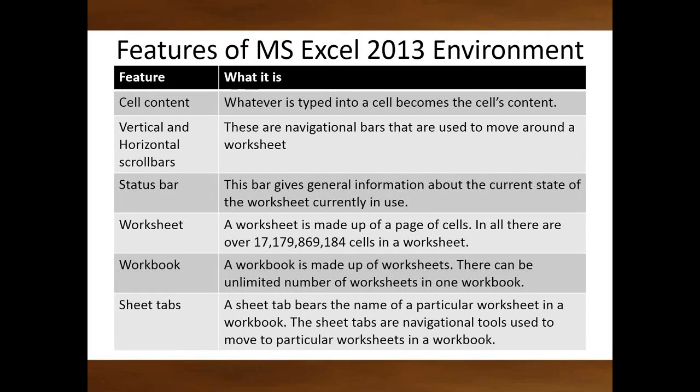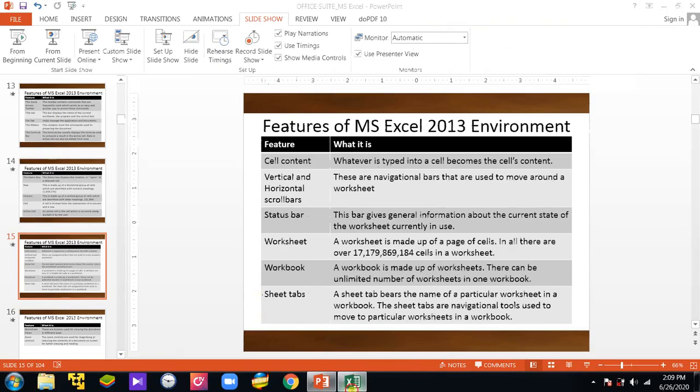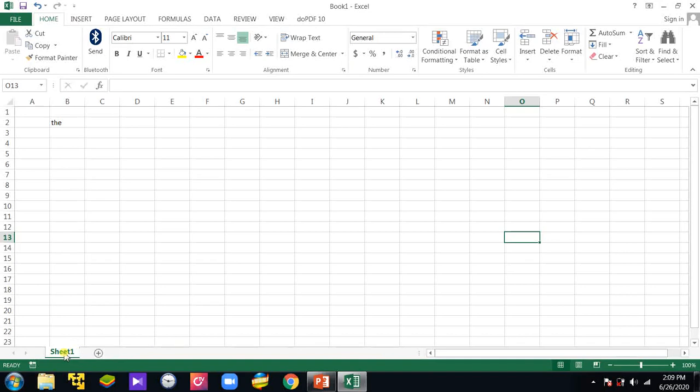Then we have what is known as the sheet tabs. This is a sheet tab. Let me add another sheet here. This is also known as a sheet tab. So within our workbook, we have two worksheets.